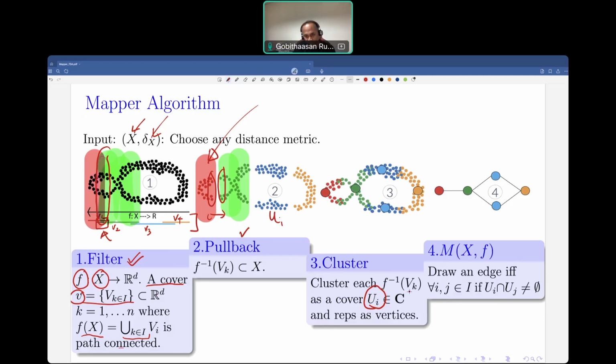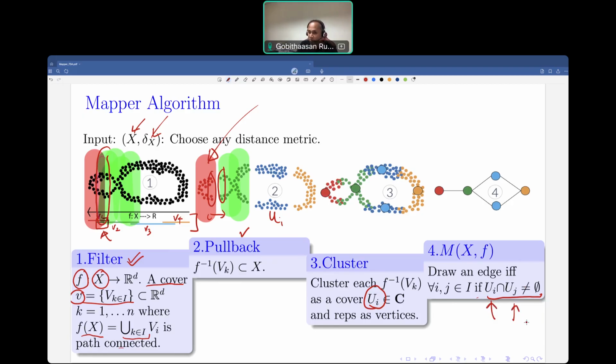Once you have clustering, if the clusters intersect, if the clusters share the same point, then we draw an edge. What it says is that cluster U_i intersect cluster V_j has some value.